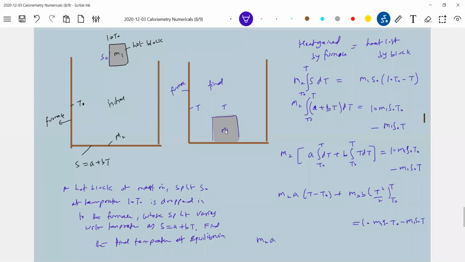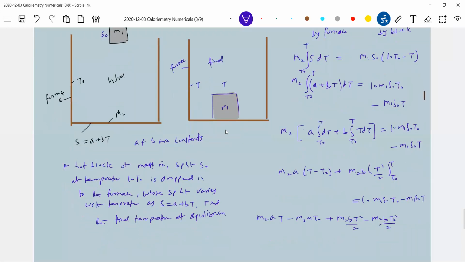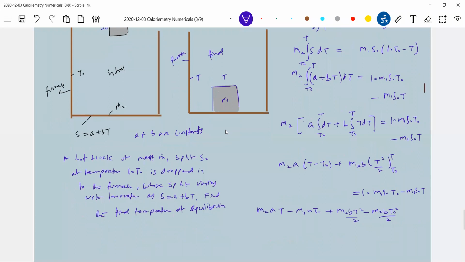M2A, where A and B are some constants. So this will be M2A T minus M2A T naught, plus M2B T square by 2 minus M2B T naught square by 2, all equal to 10 M1 S naught T naught.